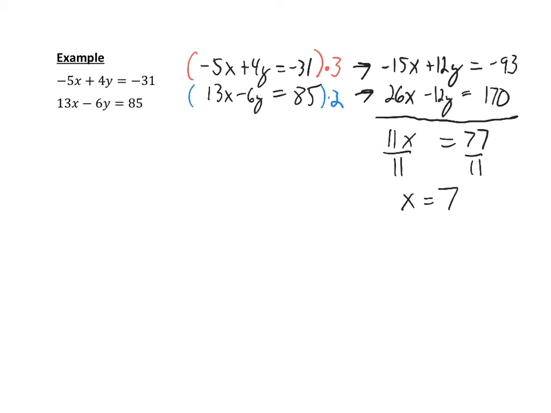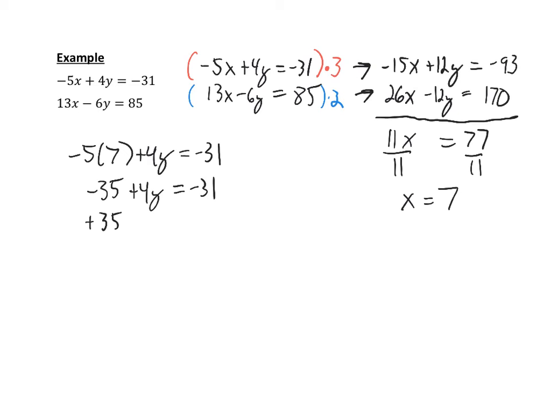X equals 7. So now if we know x equals 7, we can use either one of these equations to find y. Let's pick the top one. Negative 5 times 7 plus 4y equals negative 31. So that'd be negative 35 plus 4y equals negative 31.